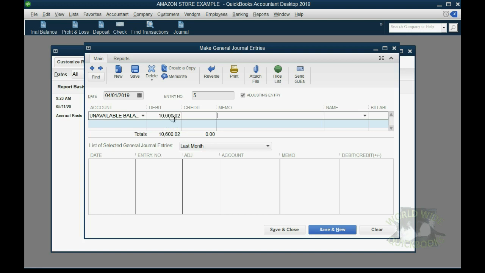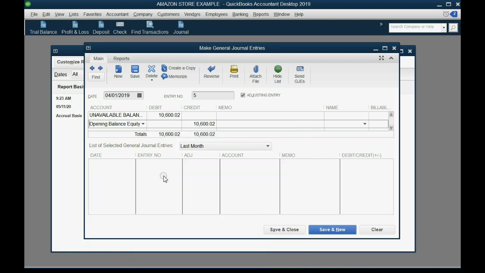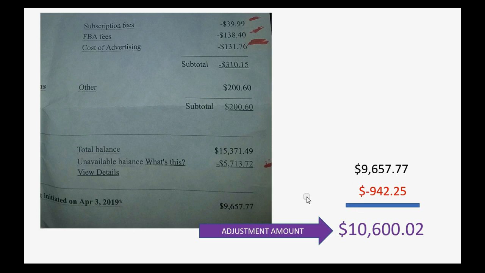And the balancing account, because it's technically a setup, because this is what we were supposed to have at the beginning, is the opening balance equity account. Save and close. Now notice the unavailable balance now properly reflects the amount you will receive in the future, $9,657.77, which is the amount that is listed at the bottom of the statement that we will receive in the future.